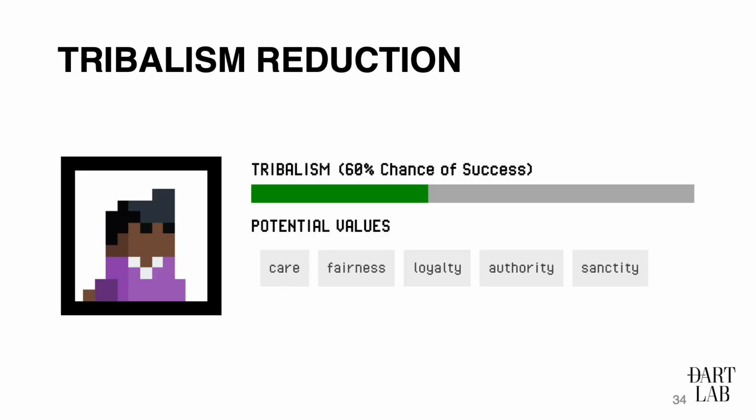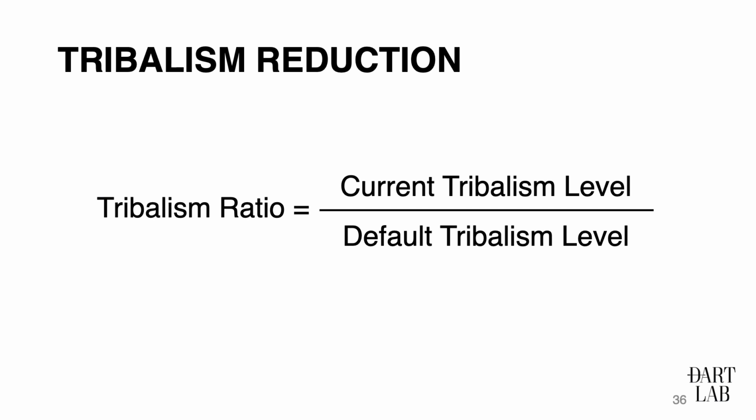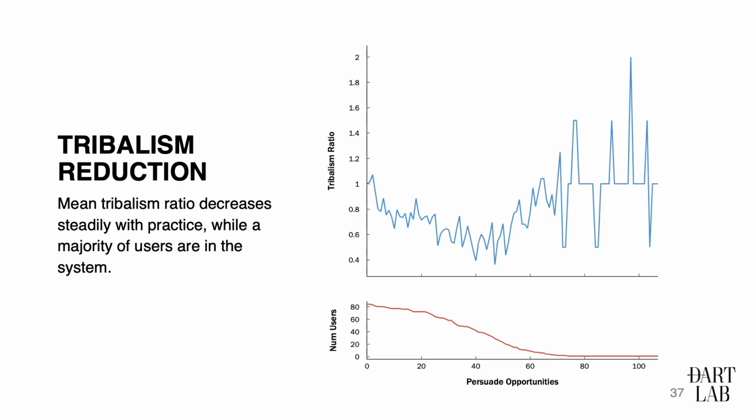The second key skill we looked at was the student's ability to effectively reduce tribalism. To measure student performance on tribalism reduction over time, we calculated this ratio at each attempt. This is a comparison between the character's current tribalism value to their default value. How much basically has been reduced before attempting to persuade them. So here's what we found. This top graph shows the tribalism ratio on the y-axis and prior opportunities on the x-axis.